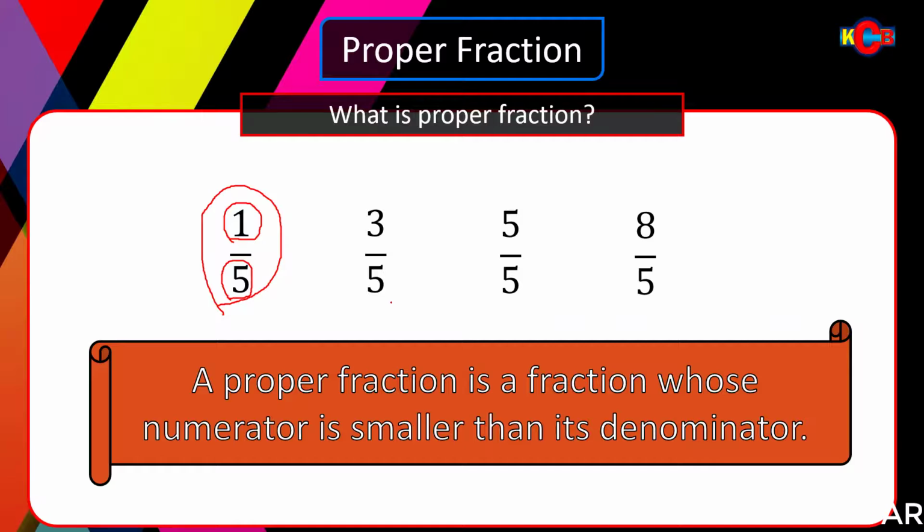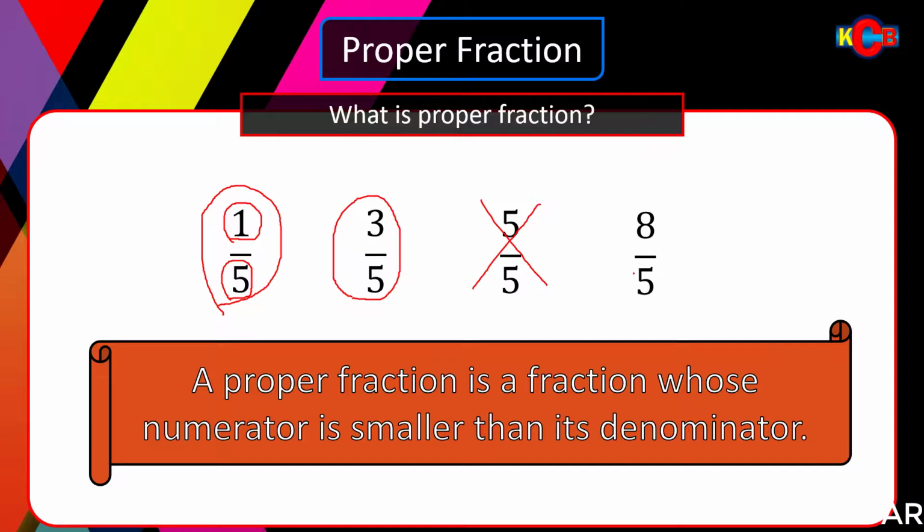Next, here, 3 is smaller than 5. So this is also a proper fraction. Next, we got 5/5. For this fraction, the numerator is 5 and the denominator is also 5. So, since the denominator is equal with the numerator, this is not a proper fraction.